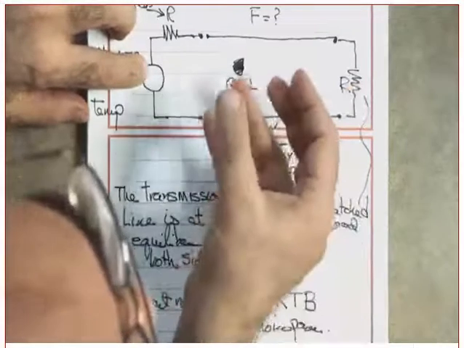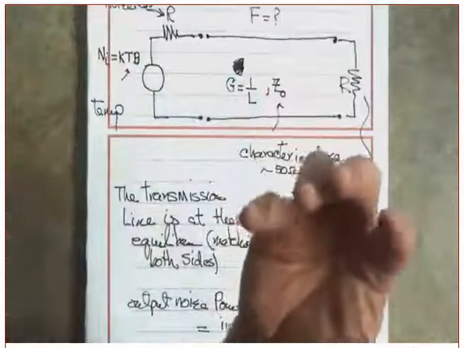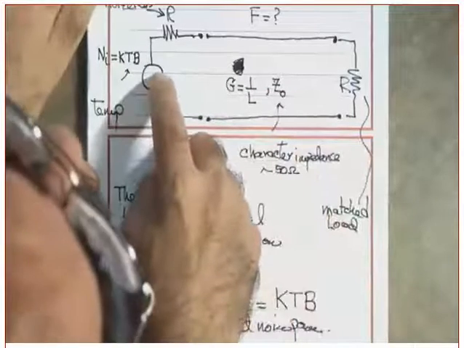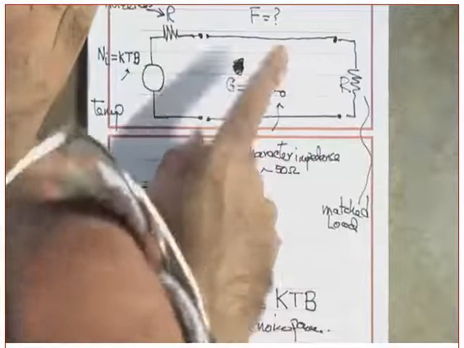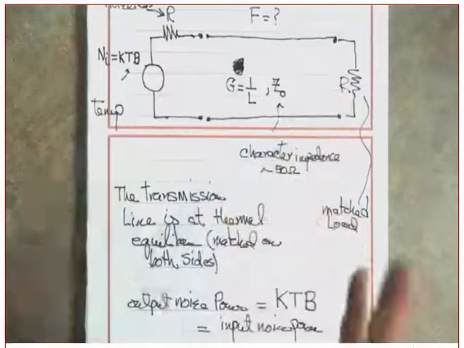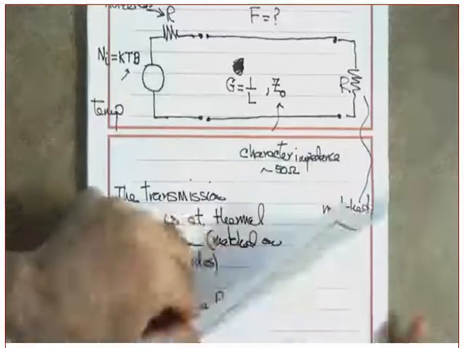It means the system is introducing internal noise power that, when added to this one with the loss, gives you the same as the original. You lost me.